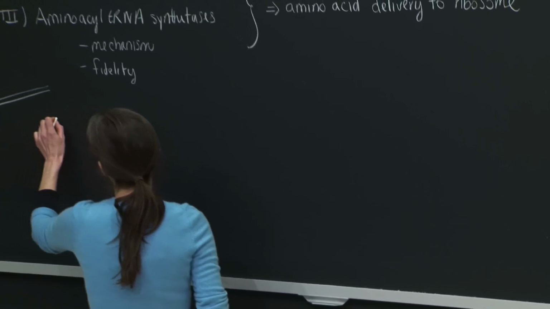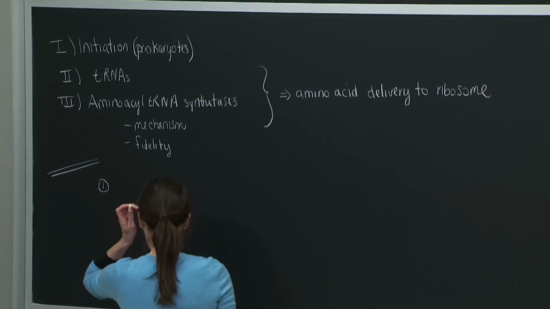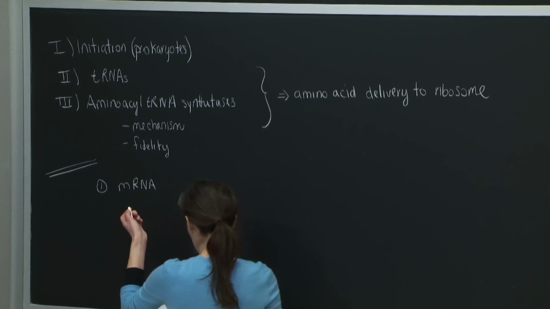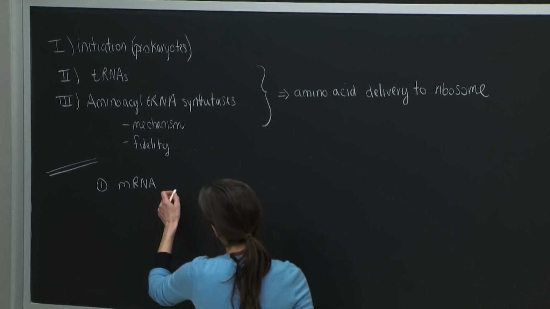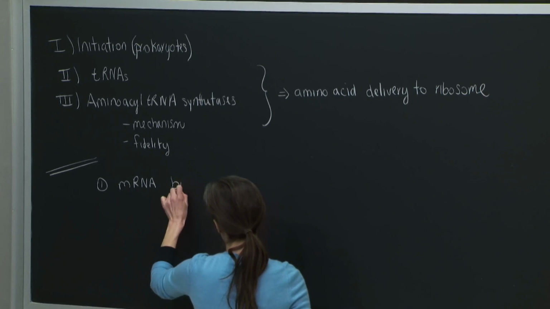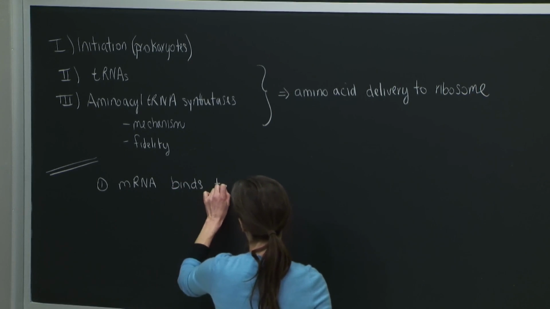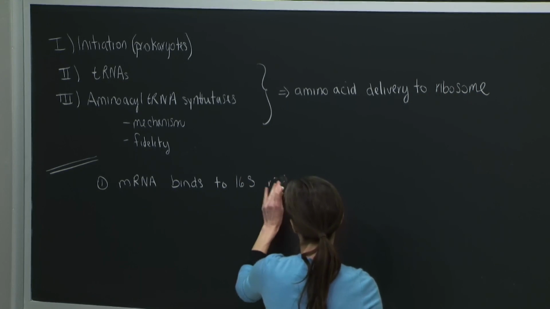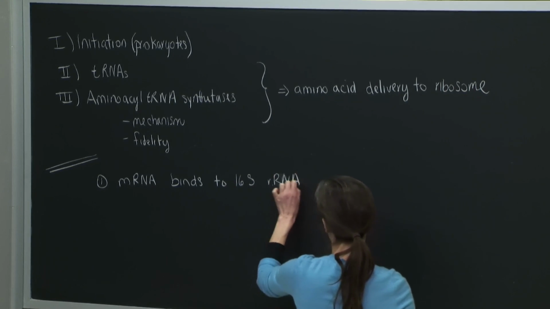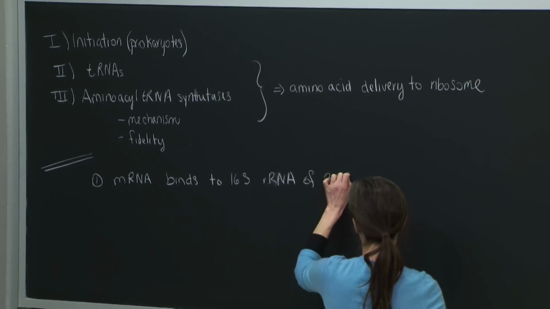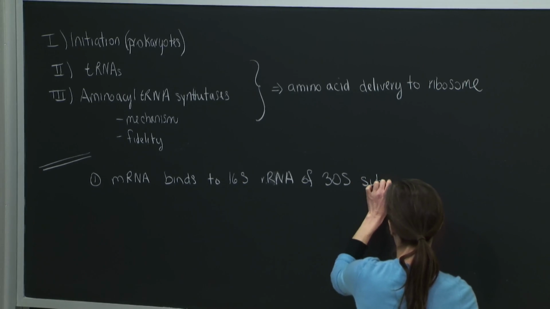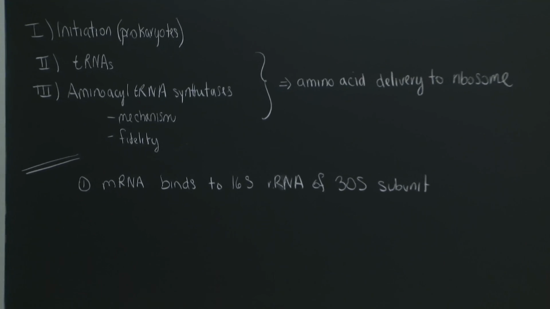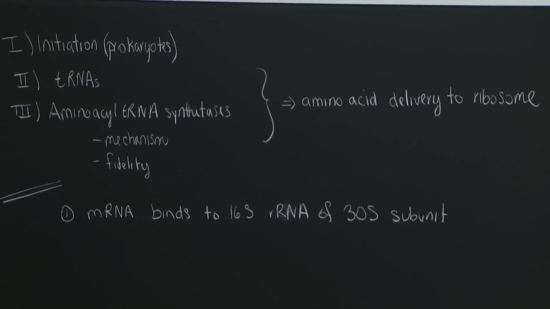So first, in terms of initiation, what happens is that the mRNA needs to bind to the 16S RNA of the 30S subunit. I point this out because at this stage in the process, the 70S ribosome isn't assembled yet.